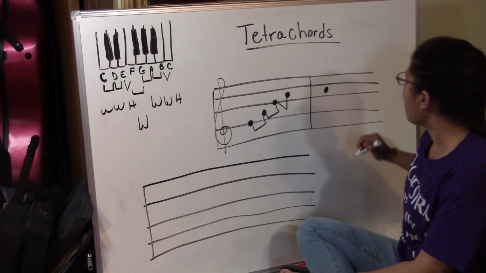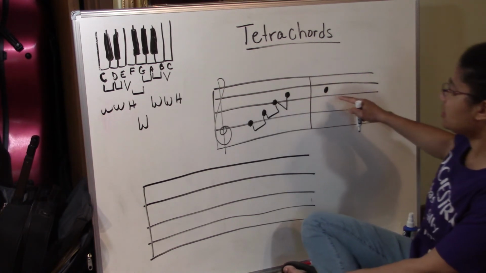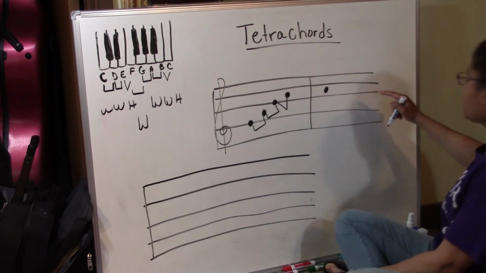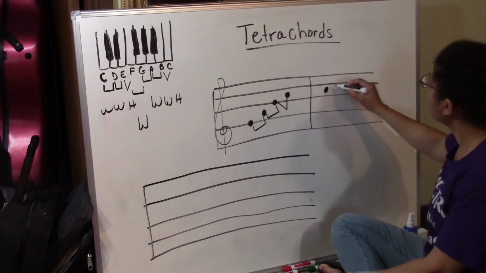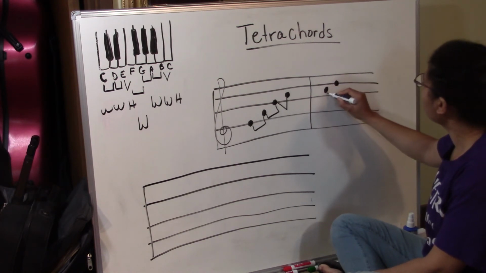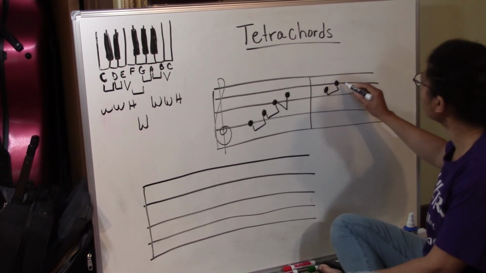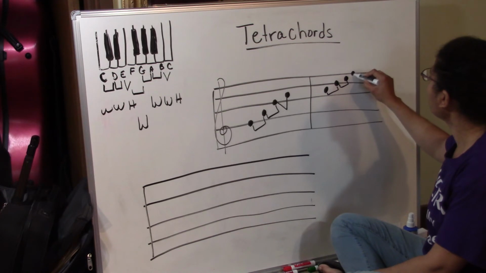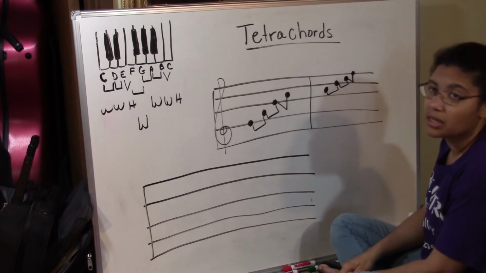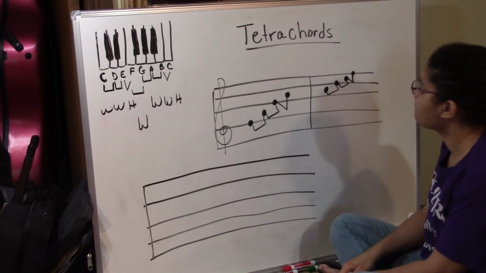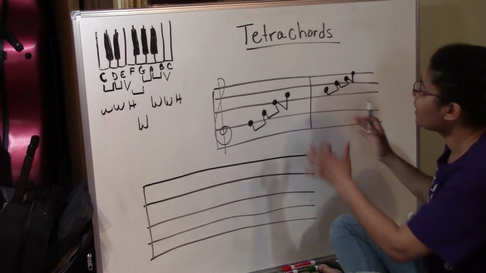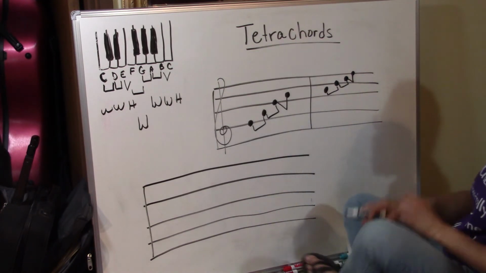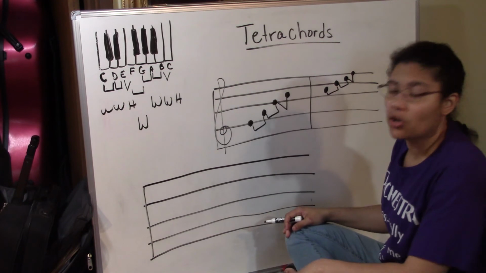Say I want to do that on C. Let's do that over here. C to D, we've got a whole step. D to E, another whole step. E to F is that half step.